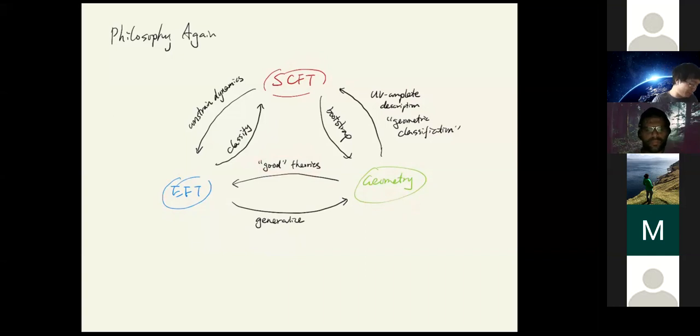Also, the bootstrap machine promises you to solve the SCFT if you're powerful enough. It involves an infinite number of crossing equations to solve. But if one day someone or some computer or some robot is powerful enough, it can fully solve the SCFT, then you can potentially use the SCFT to bootstrap the geometry.